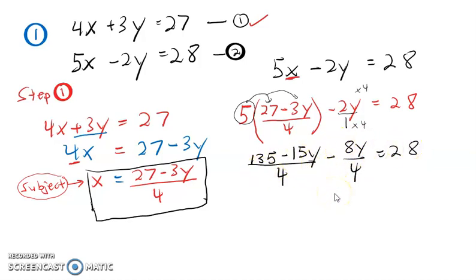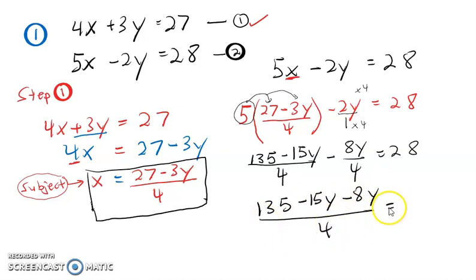Now we simplify it: 15y minus 8y over 4 equals 28.